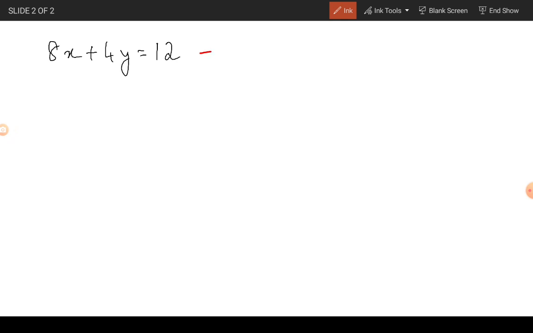The question asks you to graph the line and find the slope as well as the intercept of this equation, or of this line. Once again, here it is specifically asked to graph the line and find the slope and intercept.